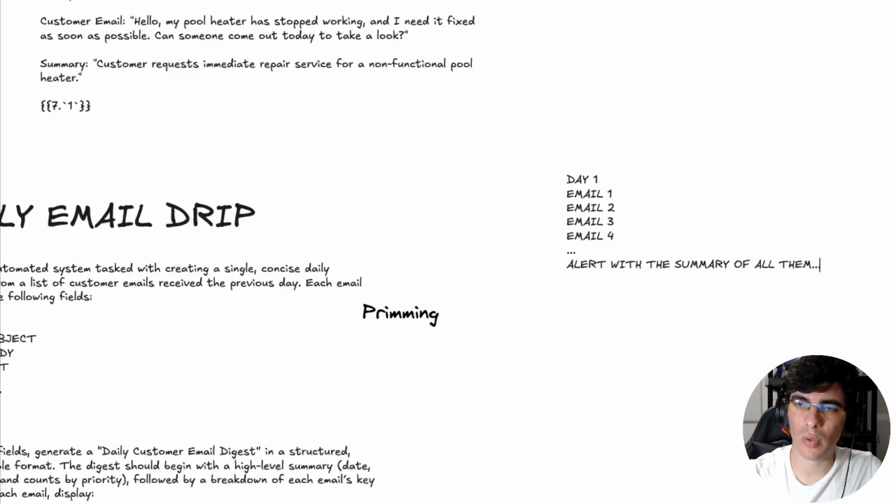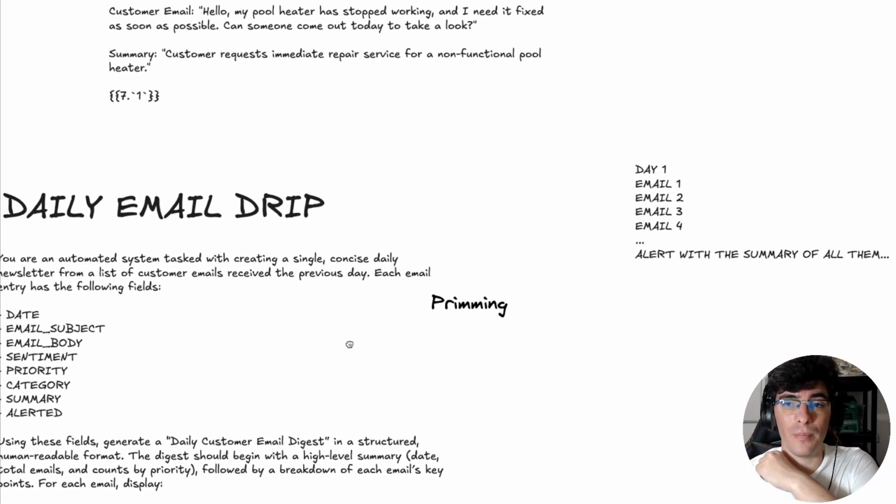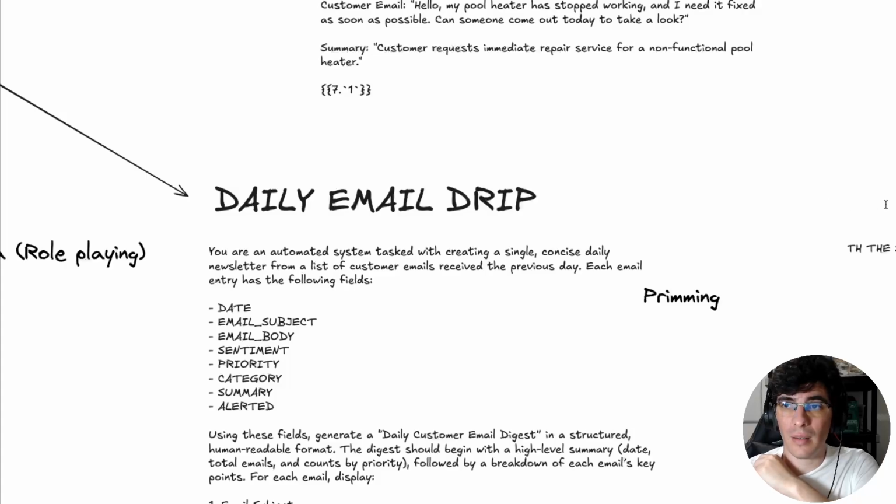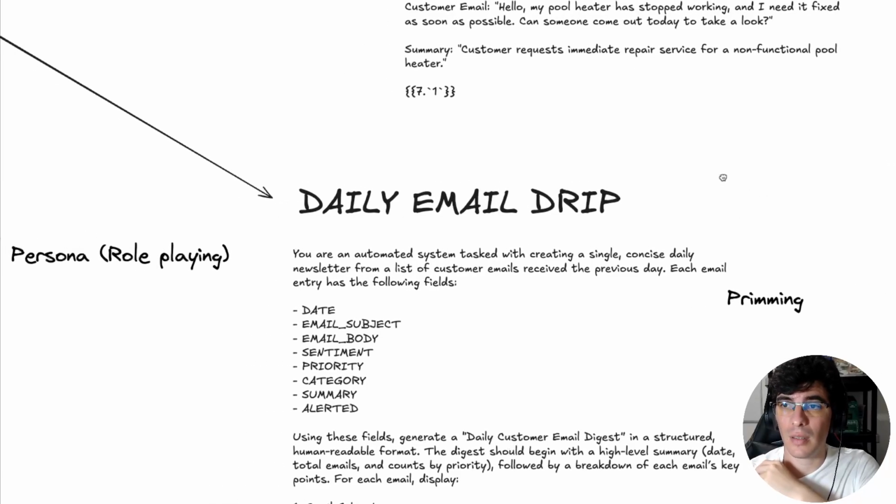So what we're doing with this daily drip is basically that. It's grabbing all the emails that we already split up and got all that good precious information out of. What we're going to do is also generate another task, and the only responsibility it has is to create a daily email drip.